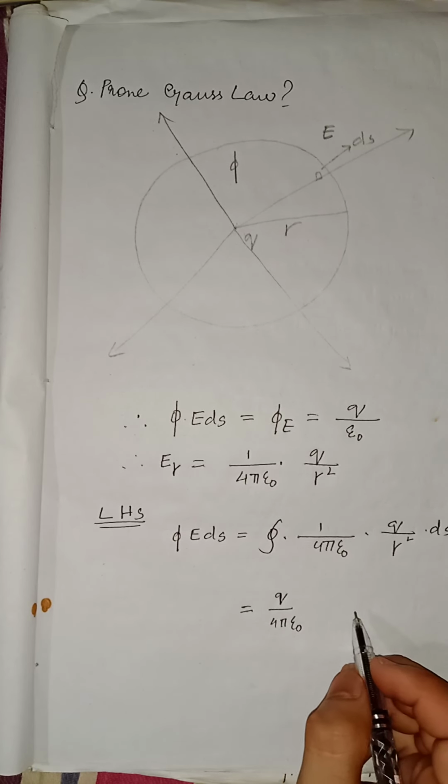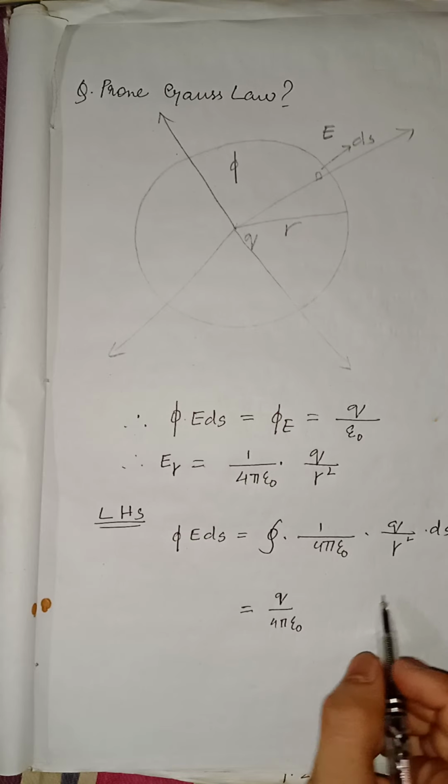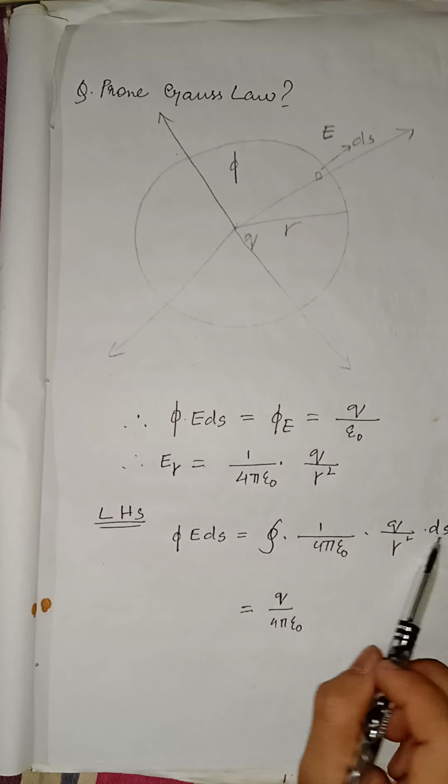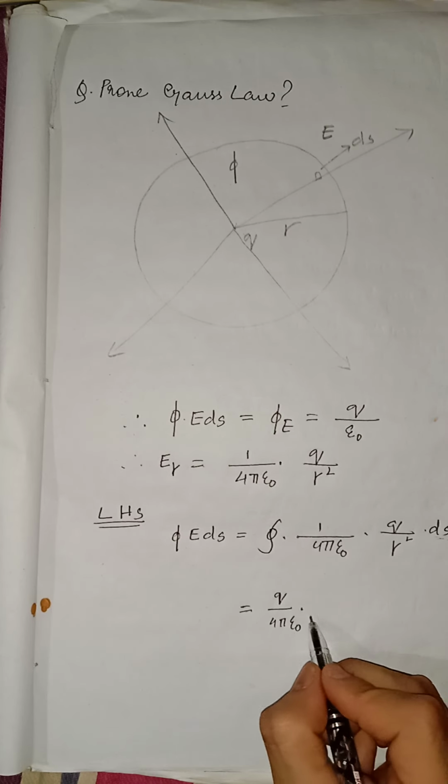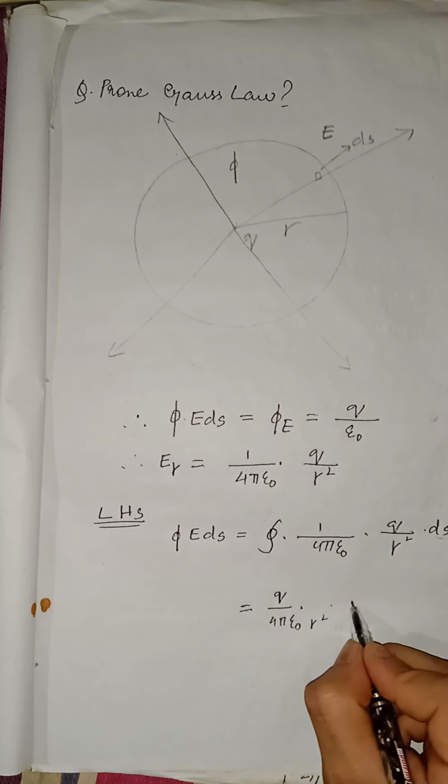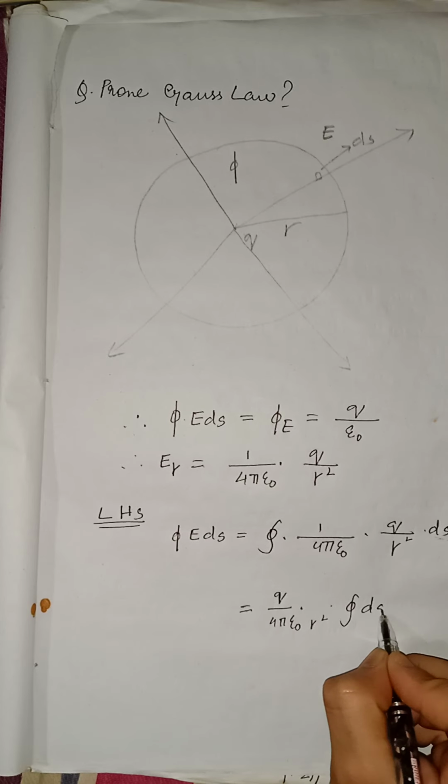Now what will remain here? Only dS will remain here. All the rest are constant quantities, so q by 4 pi epsilon naught r square into the closed integral of dS.